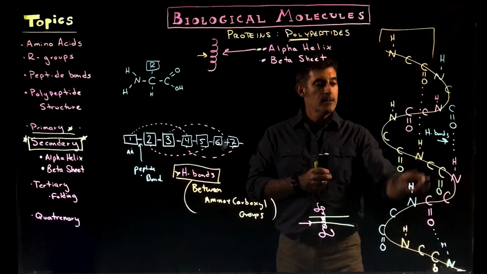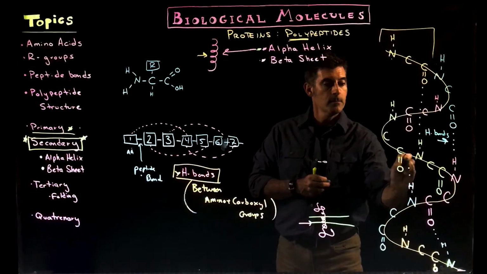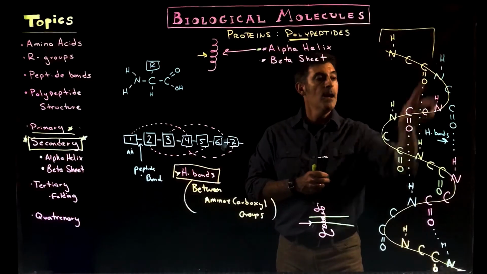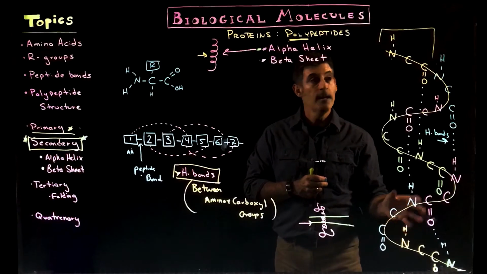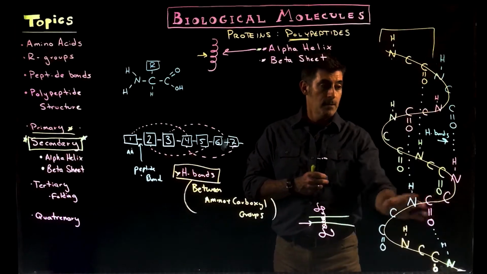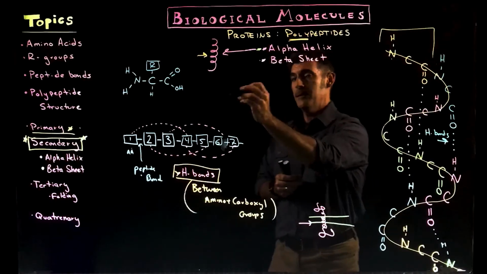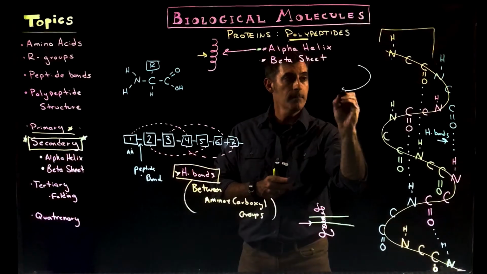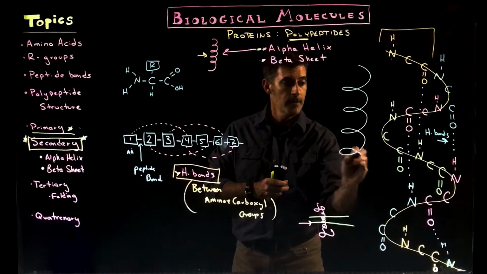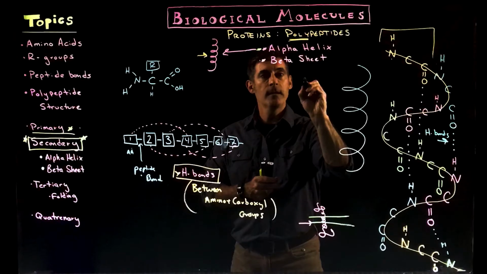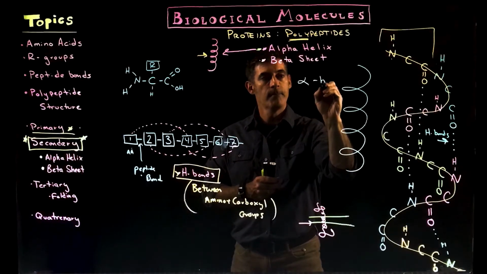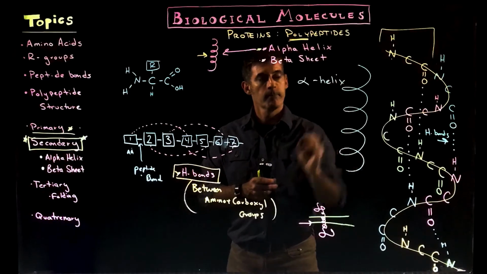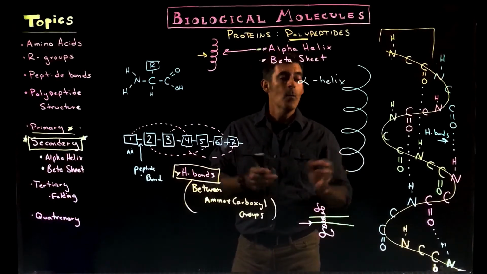We're going to get these alternating bonds, put one right in there, that are going to stabilize this structure. These hydrogen bonds will make this particular coil, like this, of what we call the alpha helix. Sometimes it's written with the lowercase Greek symbol for alpha, then helix.